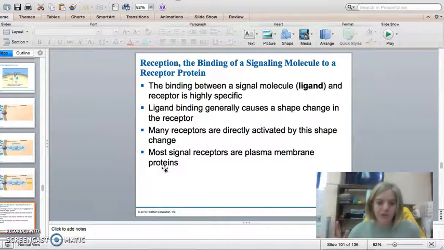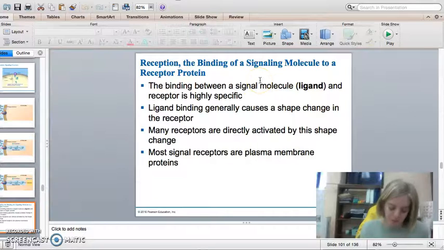The signal molecule and the receptor come together kind of like a lock and key, and this binding is known as a ligand. So the signal molecule acts as a ligand, which essentially means it allows for the binding to the receptor to happen.